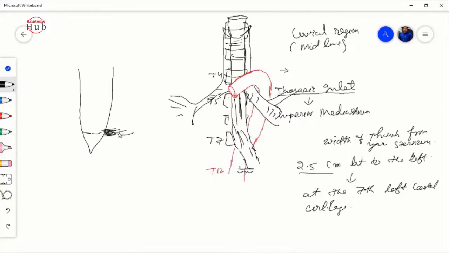So on this 7th costal cartilage, you can mark a midline over here. From this midline, 2.5 cm left lateral over the 7th costal cartilage. That means your esophagus is running downward and entering at this point.